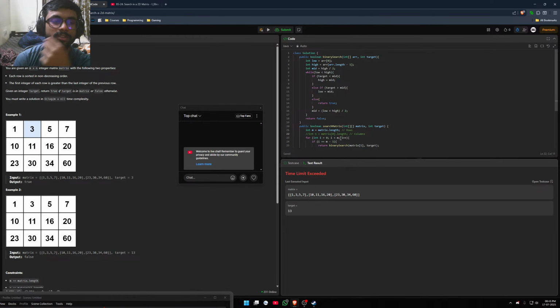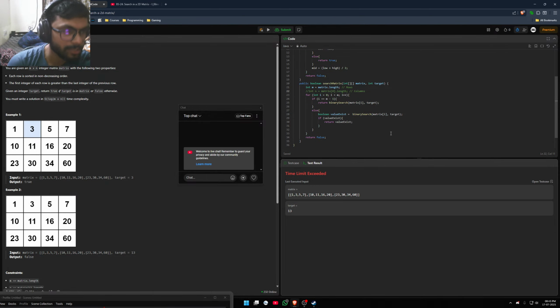We use the binary search only if the element is present inside the array. That should work. So how do I do it? Now I need the columns. Matrix of 0 dot length is the number of columns, and matrix dot length is the rows. Okay, got it.